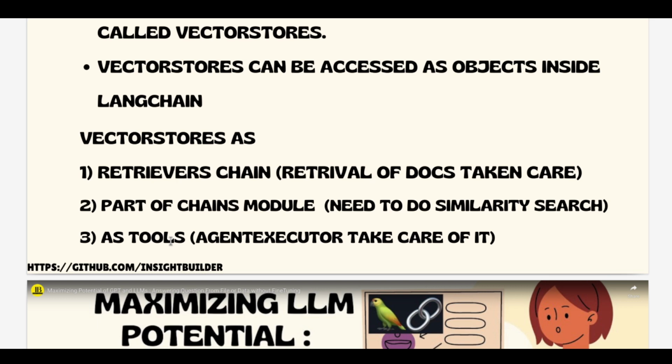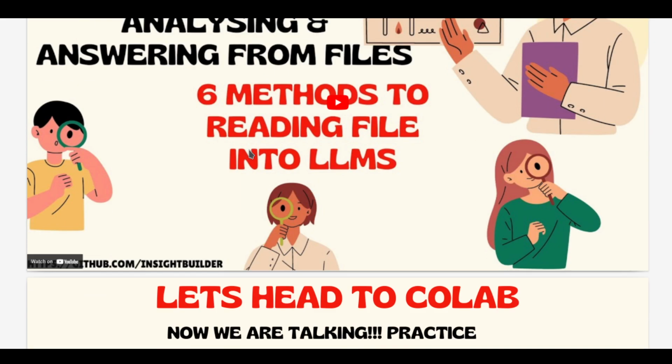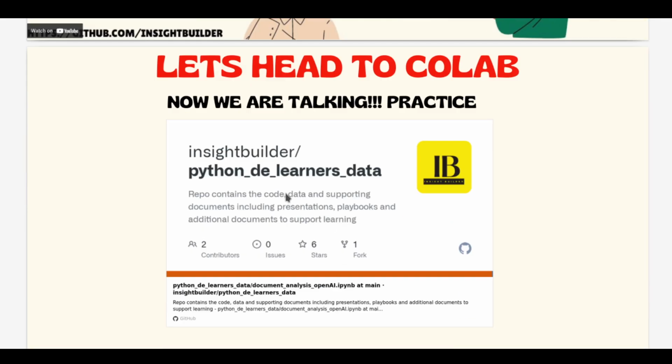So agents are prompts, as I showed you a moment ago, and the tools that we can write inside the Langchain library can be Python functions, or it can be vector stores. This is what we are going to see in this video, how we can convert agents and how we can actually use the vector stores as a part of agents. Without further ado, let us head to the practice notebook.